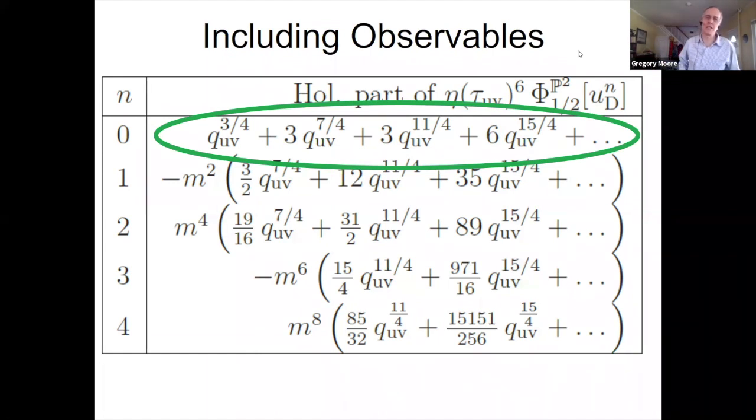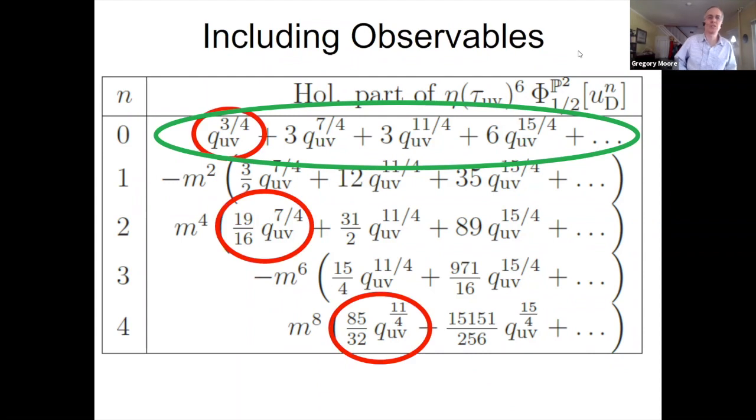On the other hand, I have all the rest of this table where I do insert various powers of the point operator. If I keep the terms that survive the m goes to infinity limit, then I get the Donaldson invariants for the point operator on CP2. So the green are the Vafa-Witten invariants, and the red are the Donaldson invariants, and the rest is some generalization.